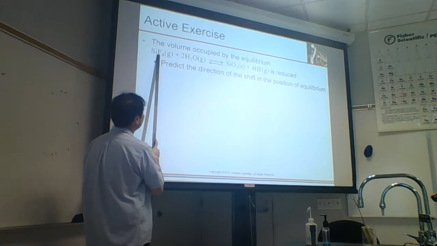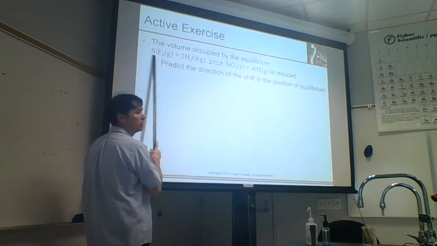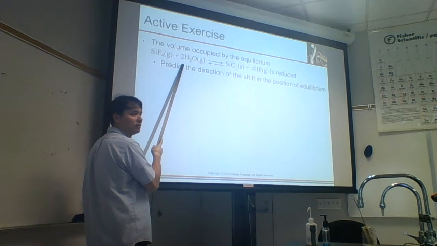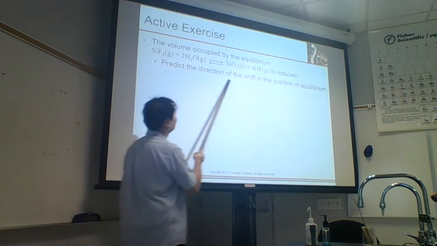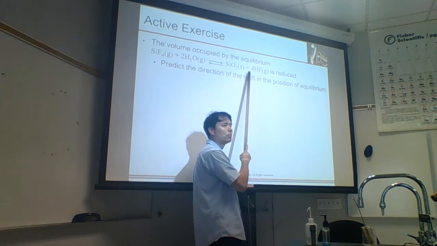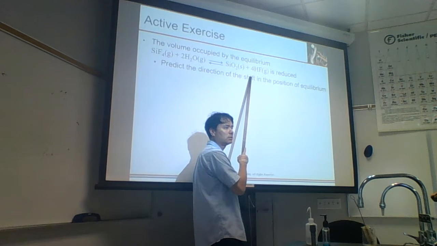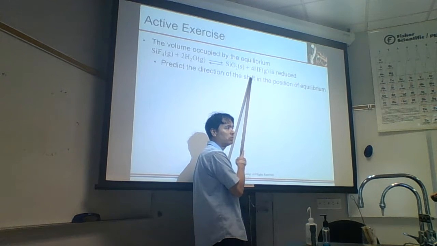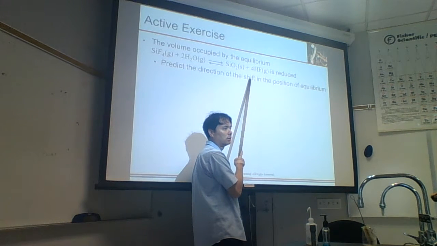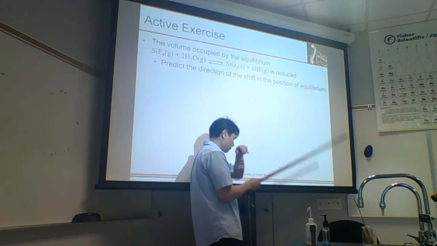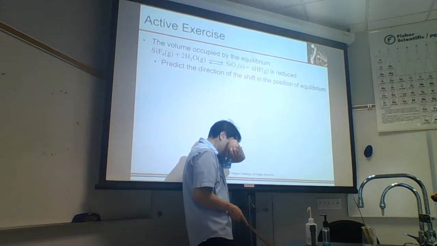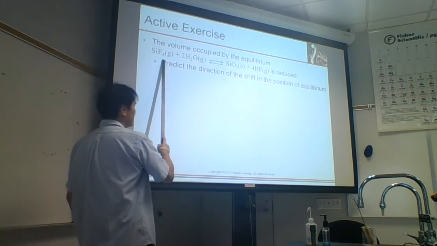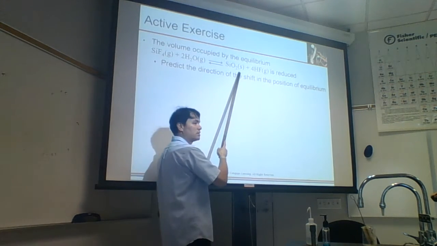So this is 25 liters. How many is this? 50 liters. So altogether this is about 75 liters. Over here, what do I have? I have 4 moles of gas. 4 moles of gas, that's how many liters? About 25 liters per mole. That makes 100 liters. So this is 3 moles of gas, 75 liters. This is 4 moles of gas, 100 liters.